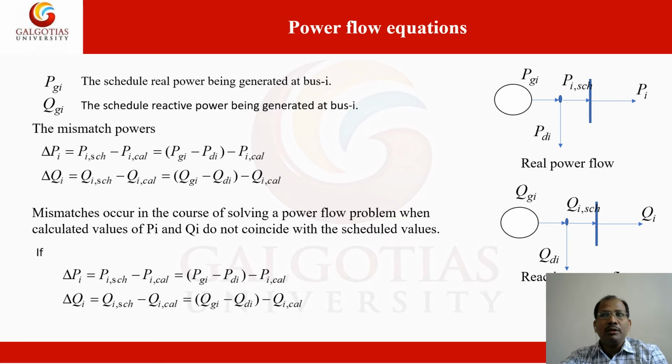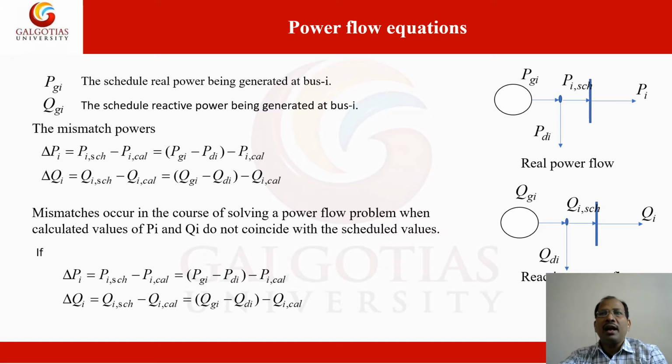So mismatch power is equal to Pi schedule minus Pi calculated. We calculate this mismatch active and reactive power, putting the Pi schedule values here, and we finally get this equation.